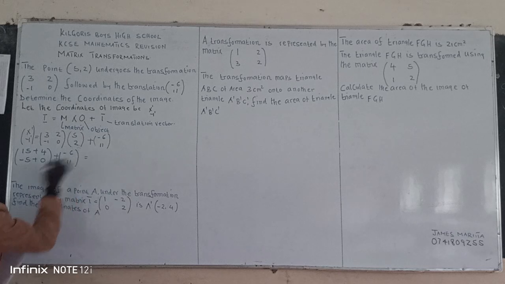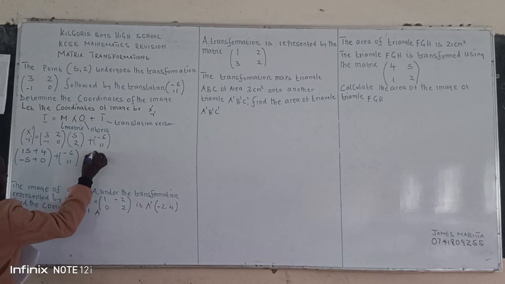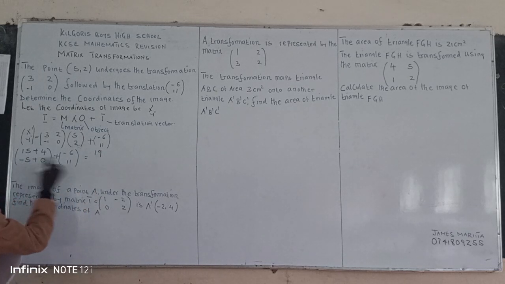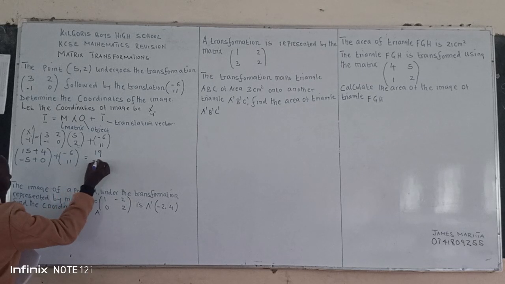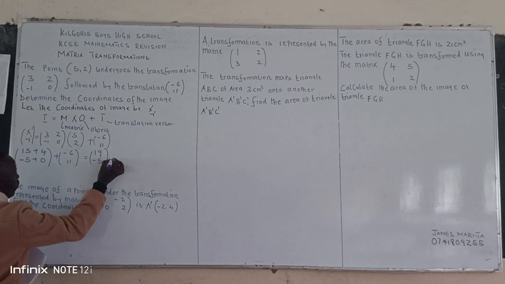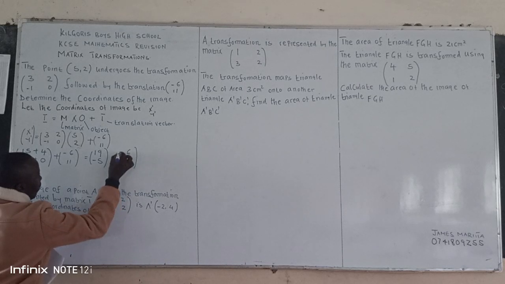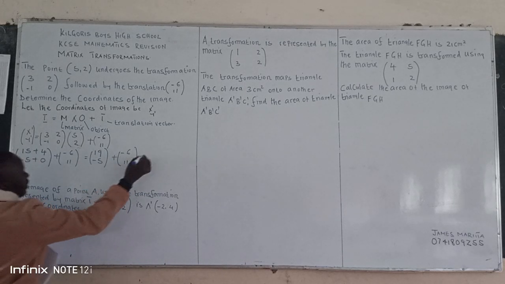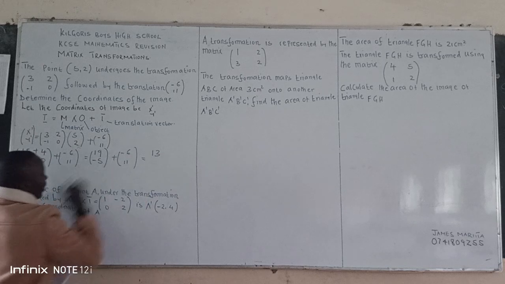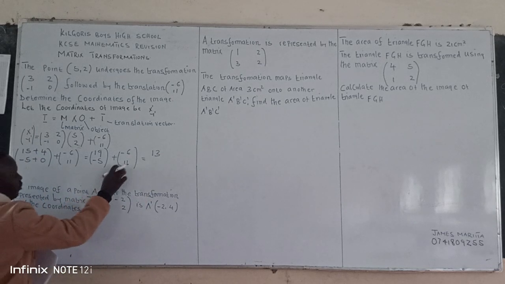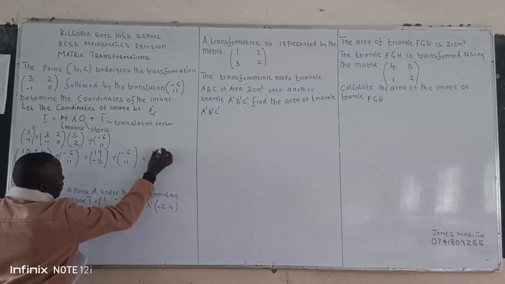So this is equivalent to (19, -5), then we add (-6, 11). If you add that, this gives us 13, and of course this gives us 6.